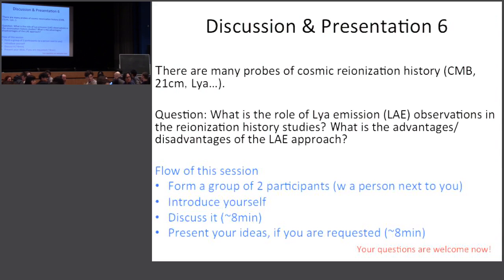So if you observe Lyman-alpha emitters, you cannot really probe the reionization itself. Your discussion result is that Lyman-alpha emitters depend heavily on galaxy properties, ISM, everything, so you cannot easily distinguish between the effect of galaxy evolution and neutral IGM evolution.